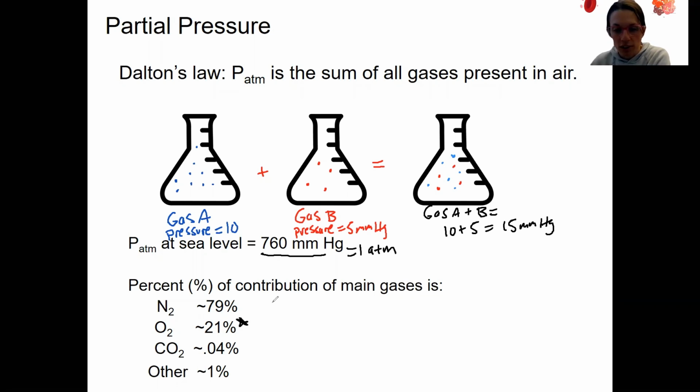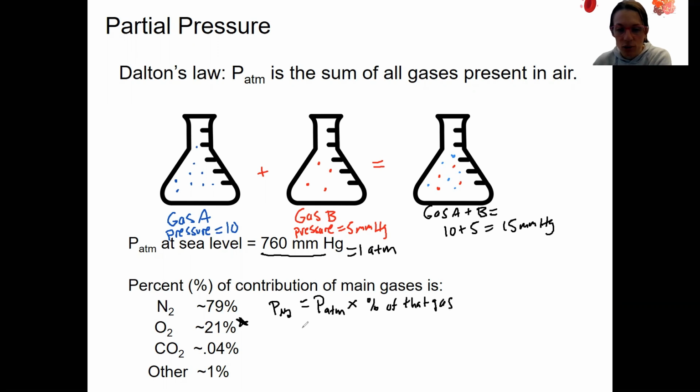The partial pressure of this gas, let's say of nitrogen, is going to be equal to the total pressure times the percent or the fraction that it contributes of that gas. Does that make sense? Let's do this, right?